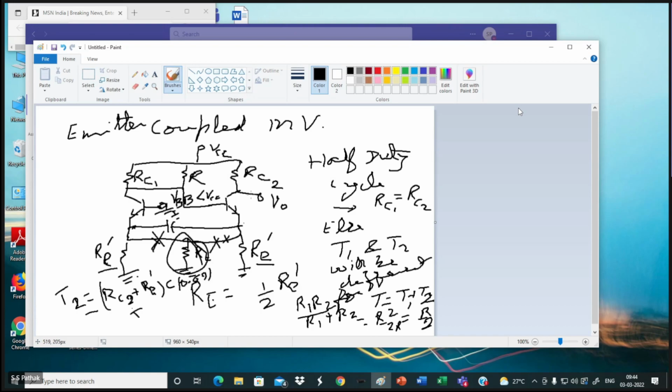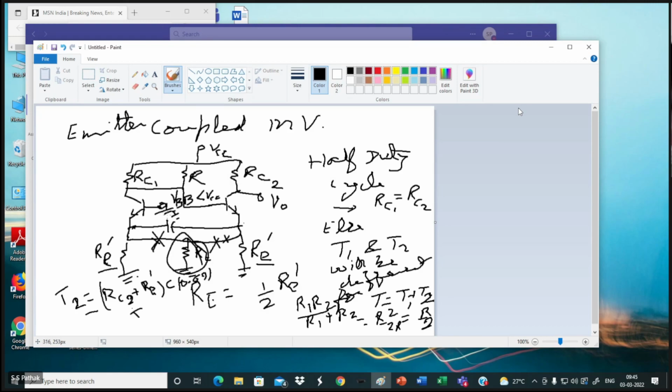Sorry, it was in saturation or the active region earlier. This has now come to active. And after that, this capacitor will bring this one to off. So from on it has come to an active region, sorry. It was on earlier, now it has gone to active region.